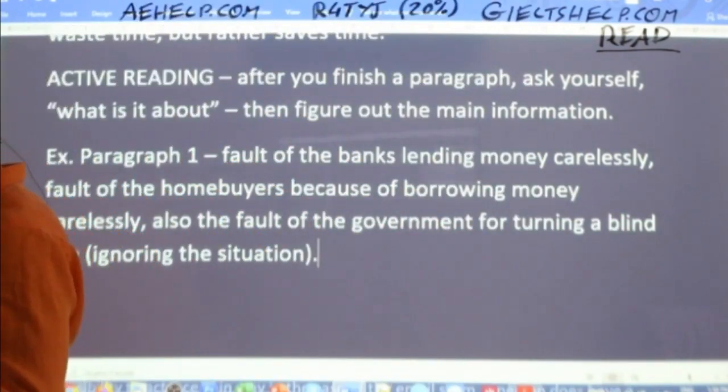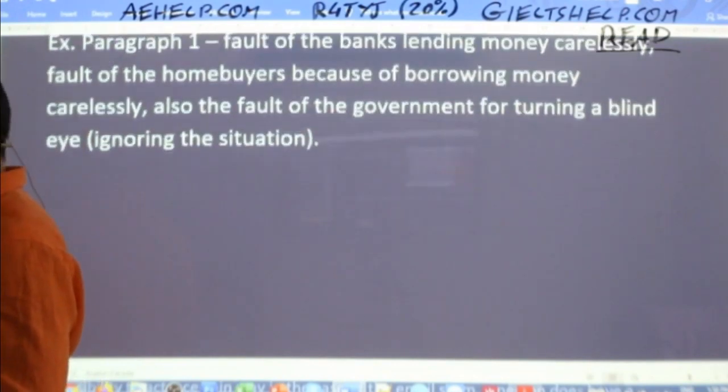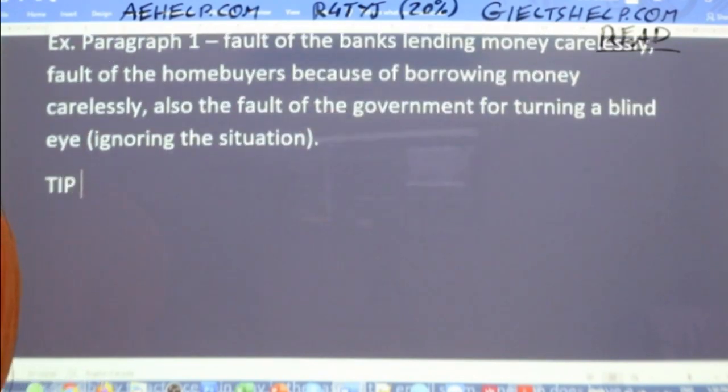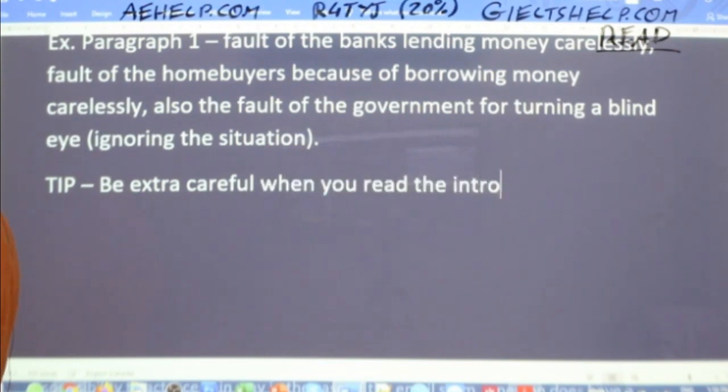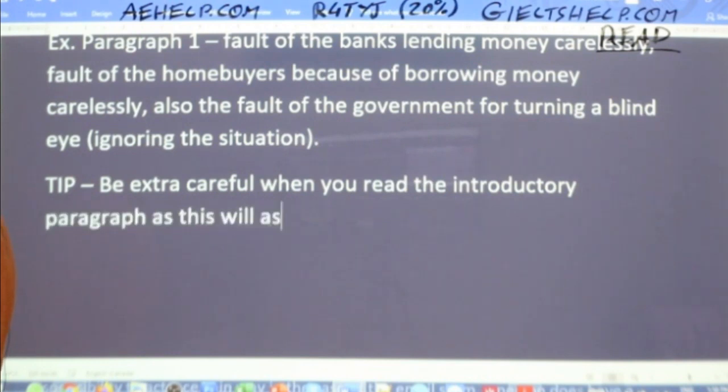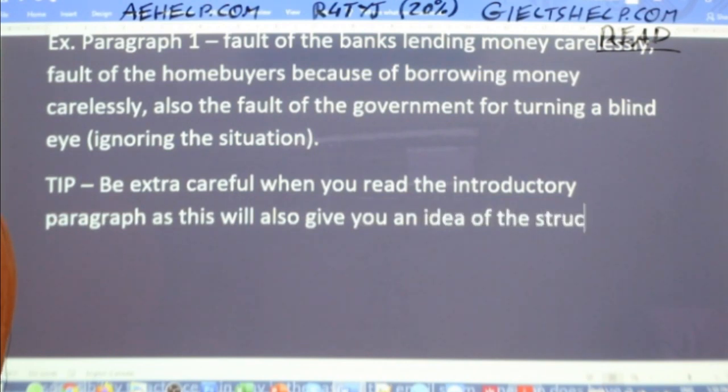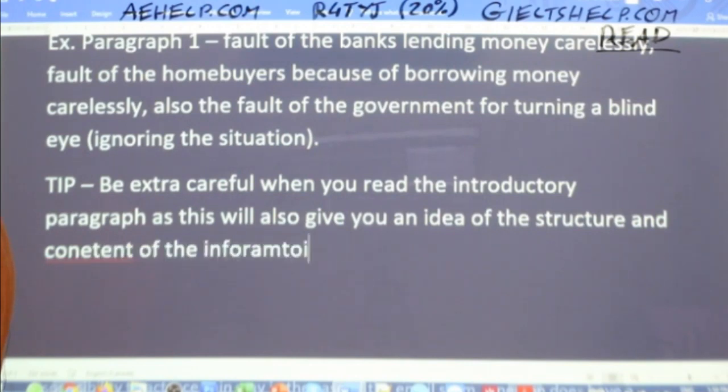Now, here's a really important tip to help you with your comprehension and your score. Be extra careful when you read the introductory paragraph, as this will also give you an idea of the structure and content of the information.